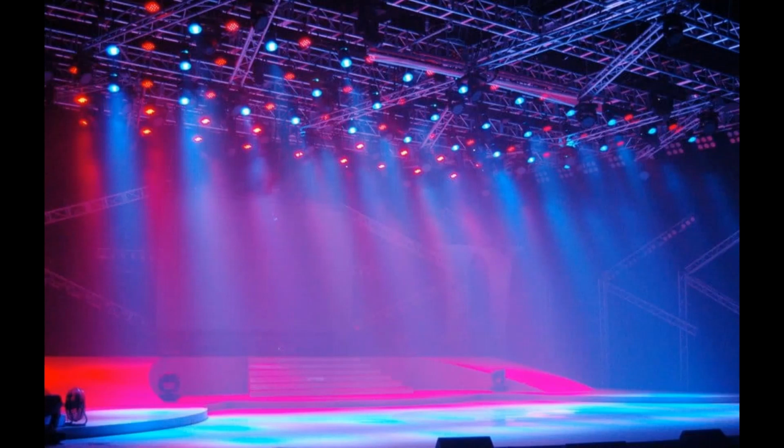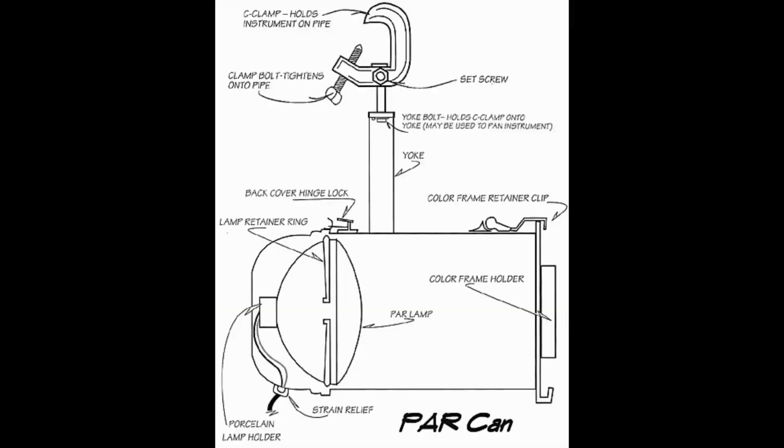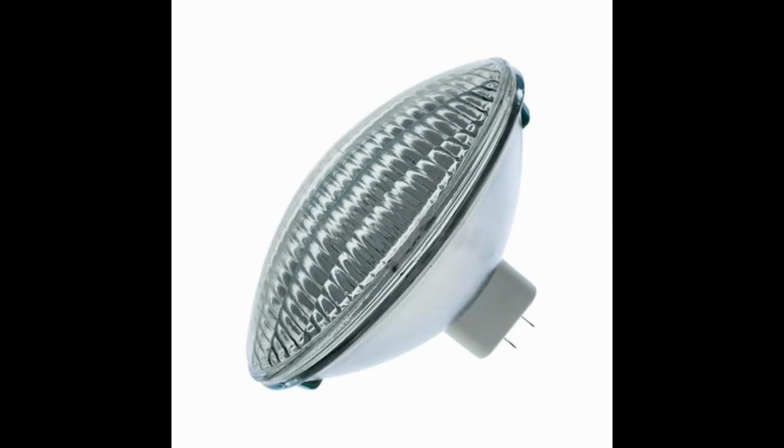The instrument is basically a cylinder with a sealed lamp unit that has a reflector and a lens already built into the lamp unit. This lamp unit looks very much like a car headlight.